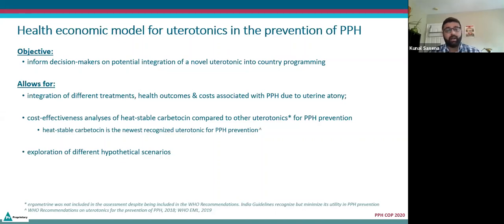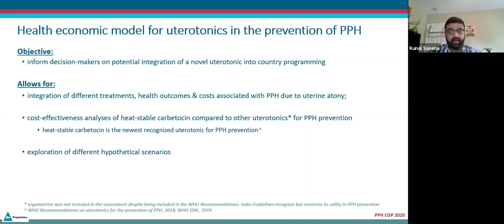Our economic model allows for integration of different treatments, as well as health outcomes and costs, as I mentioned in my earlier slide, associated with PPH due to uterine atony. The economic model also allows us to conduct cost effectiveness analysis of heat stable carbetocin compared to other uterotonics, which we'll go through later on for PPH prevention.